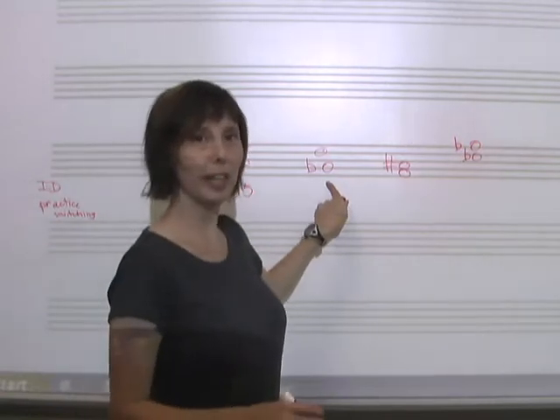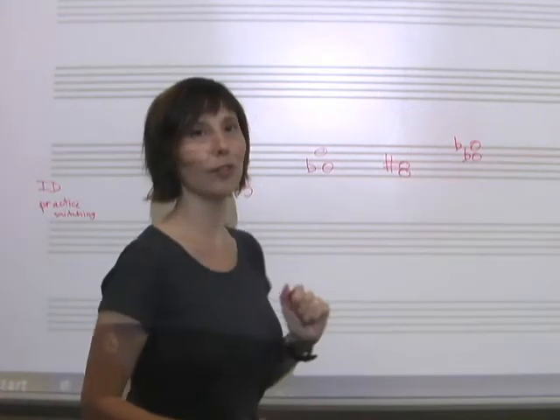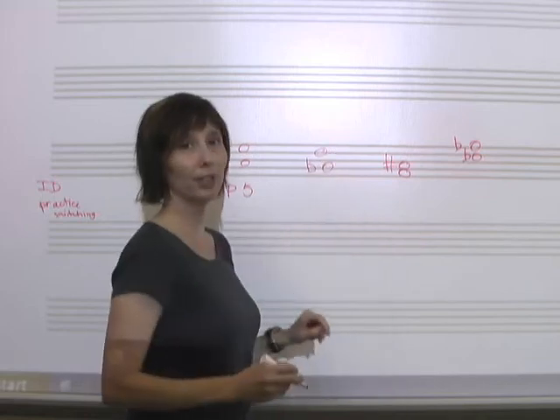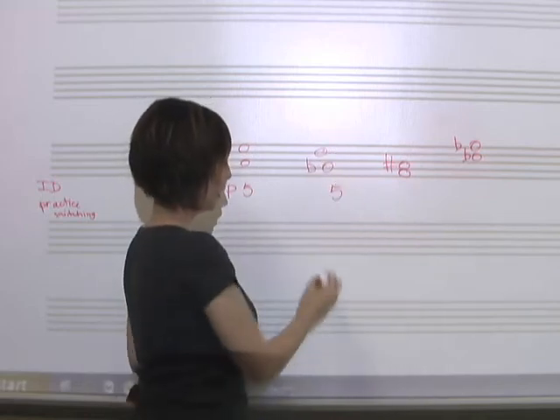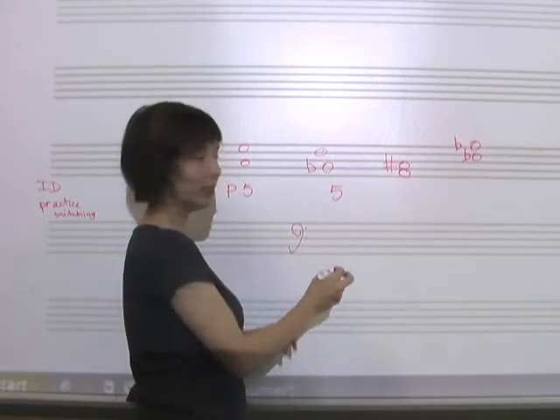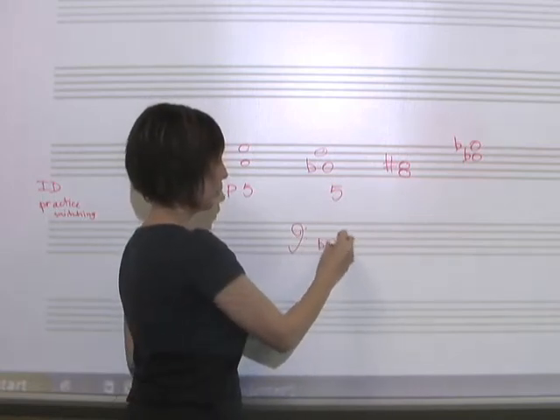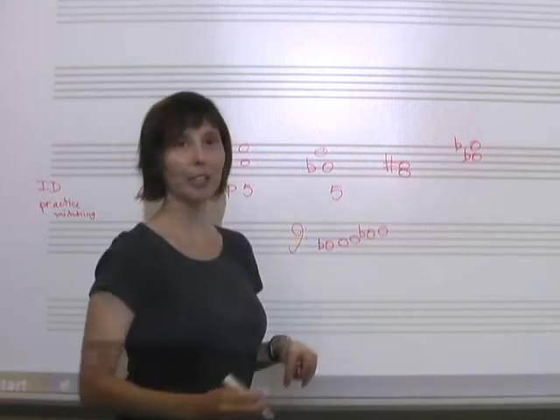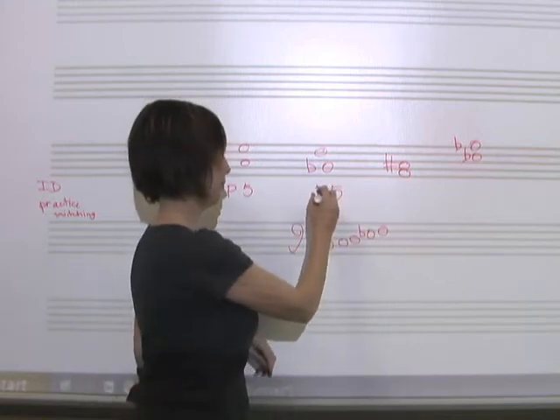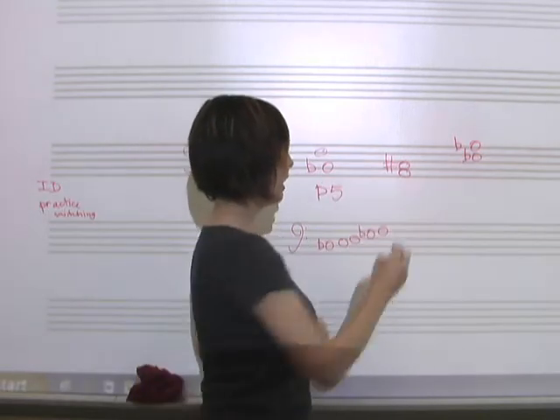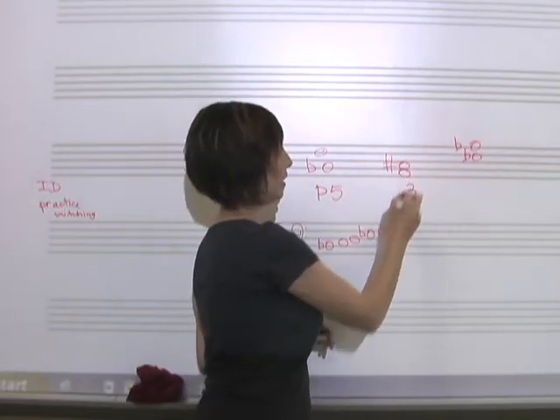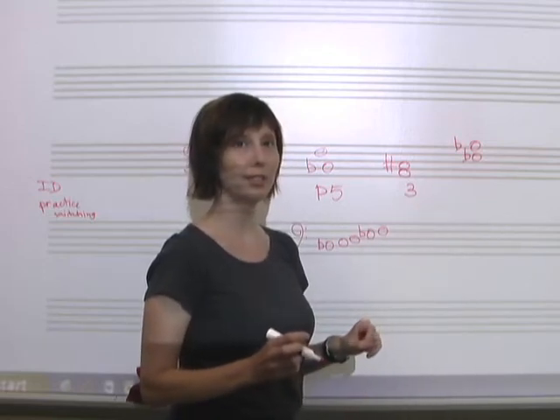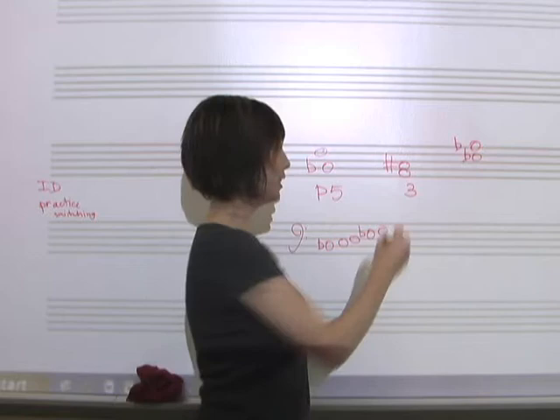Here, I have a B flat going to an F. I can count. 1, 2, 3, 4, 5. Okay, it's a fifth. Then I make my B flat major scale. Whole, whole, half, whole. Okay, it's a perfect fifth. Here, I have 1, 2, 3. It's a third. And then I think of the A major scale. It's a major third.